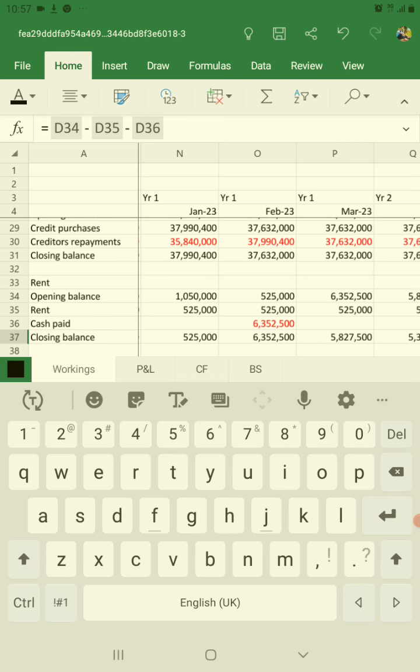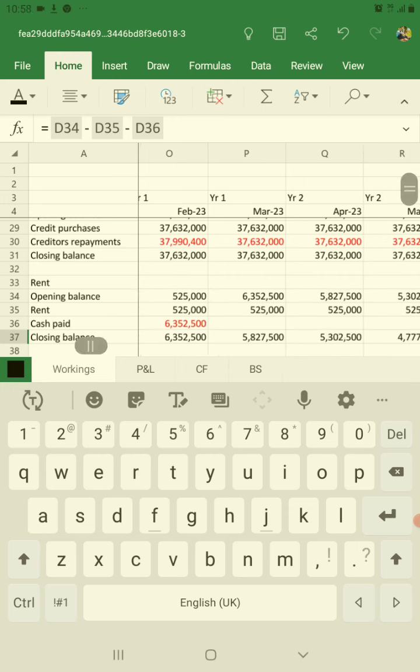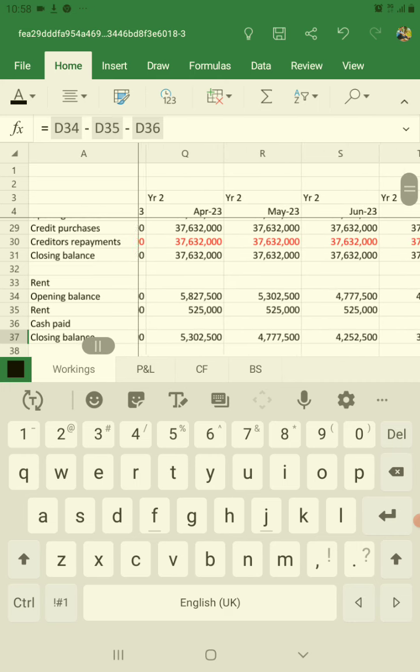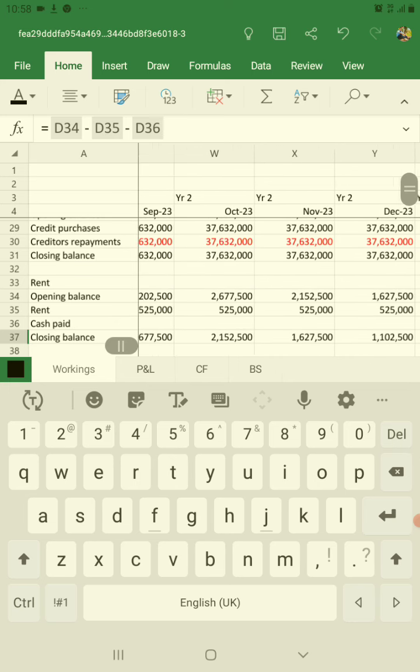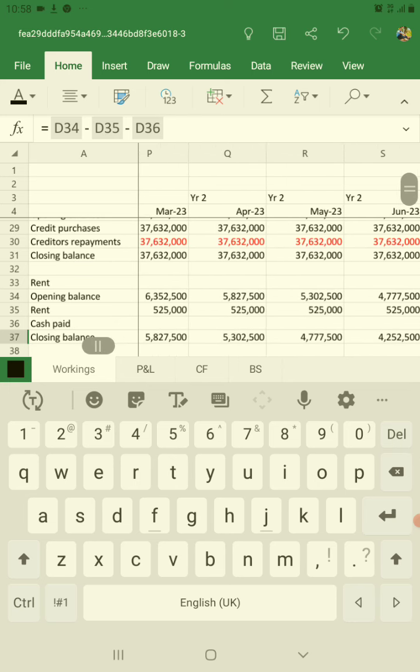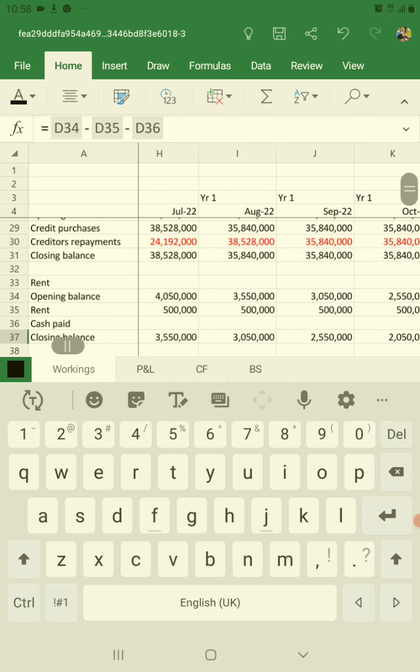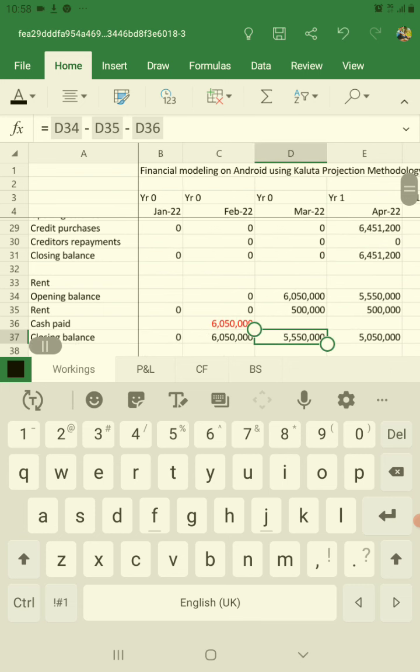Okay, so in February again we have cash paid, and the cycle repeats itself. So this is the explanation I wanted to give before we proceed. Now let us proceed to modeling of the overdraft.